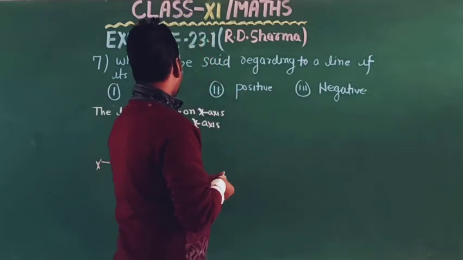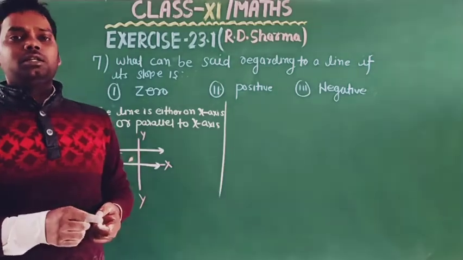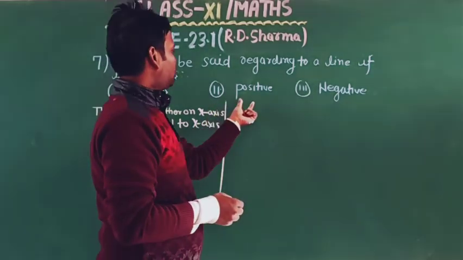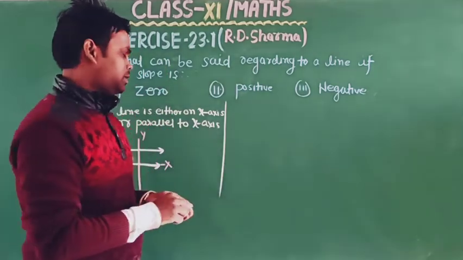When the slope is positive, recall my previous discussion: when the slope of any line is positive, the line makes an acute angle with the positive direction of the x-axis.